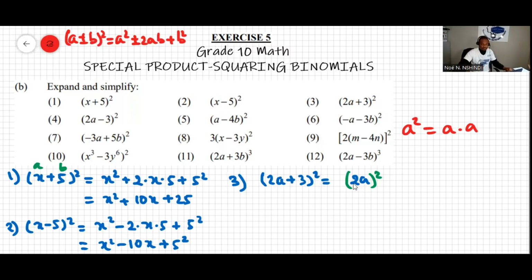There are two, we have 2 and we have a also. Over here it's positive, so it will be positive there. So I'm going to say plus, and in the formula I had 2 times a. Now what is a? A is 2a.